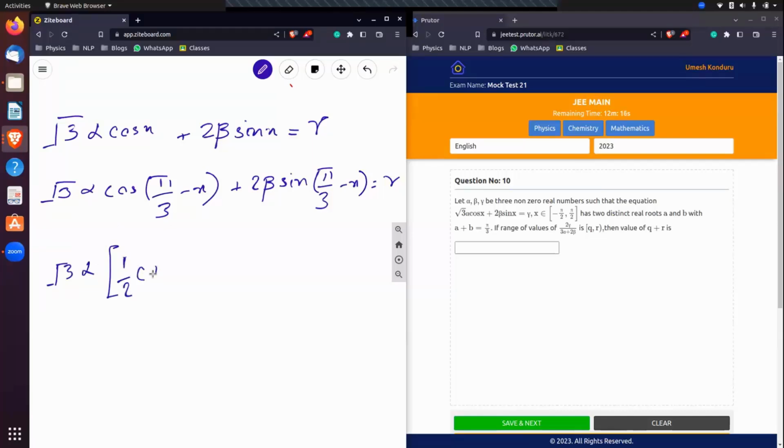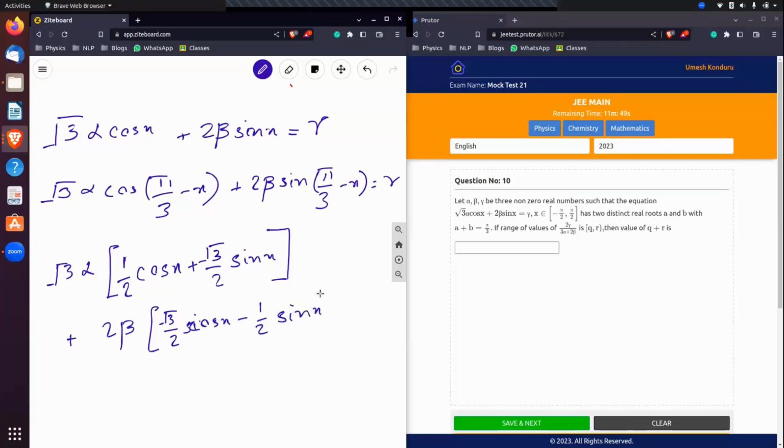Get cos x, 3 by 2 sin x, plus 2 beta times root 3 by 2 cos x minus half sin x equals 1.